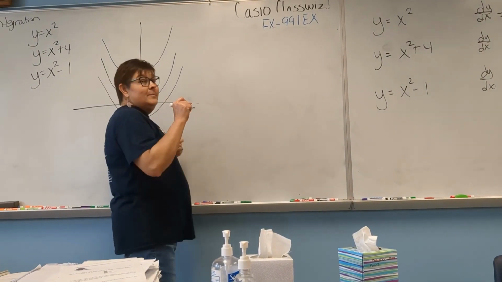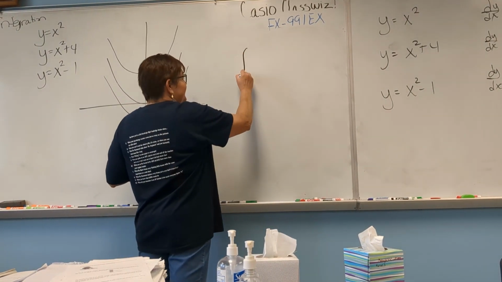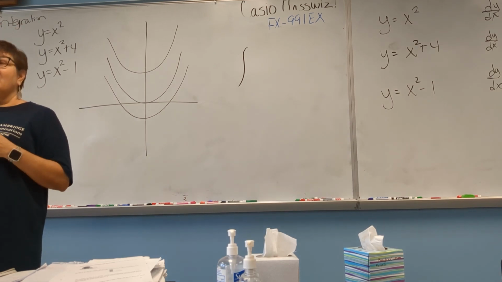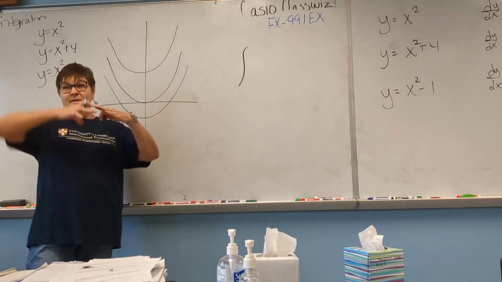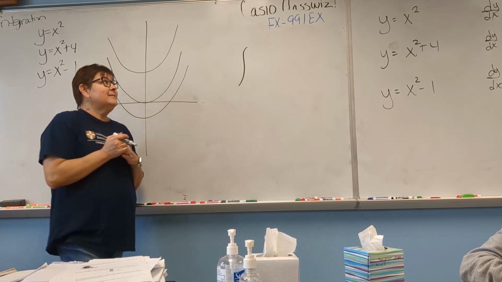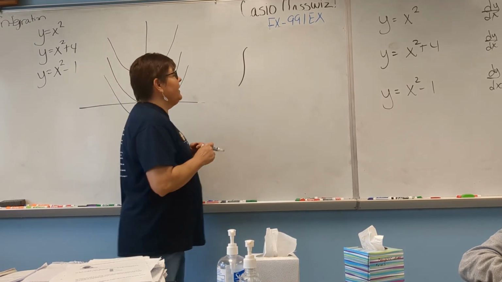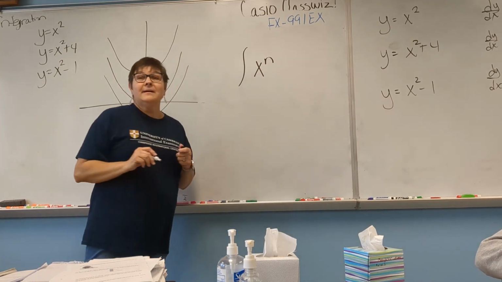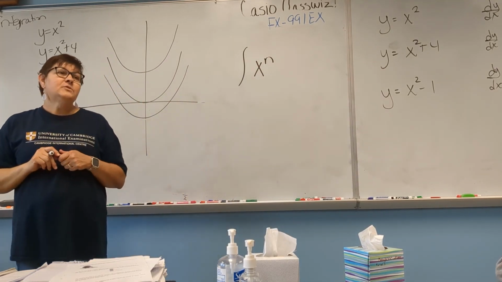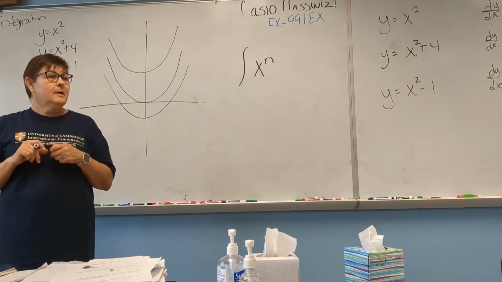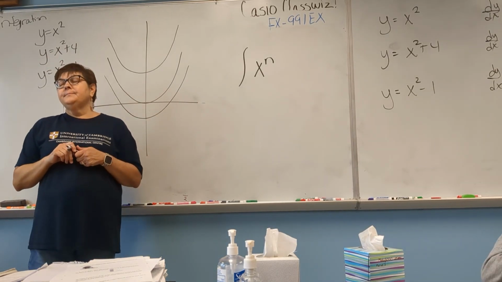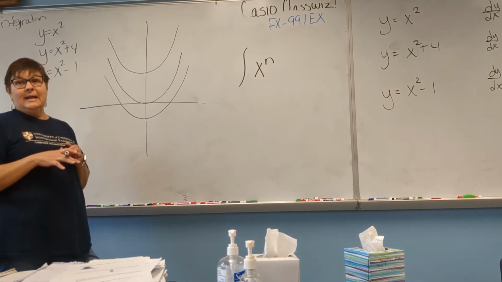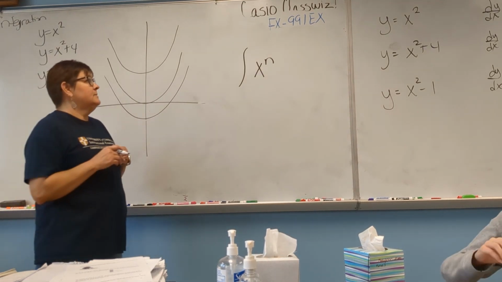So if I'm doing the complete opposite, trying to go back to the original, let me show you the symbolism that we're going to use. That tells me we are going to integrate. It's an elongated S. It looks like an S, but it's very long. That's the symbol for take an integral. And if I have something that's visually looking like a power, the reverse power rule is going to allow us to take the integral.